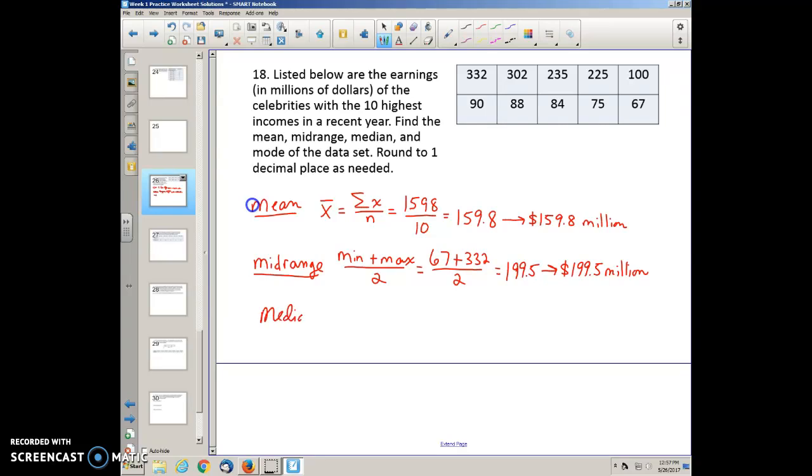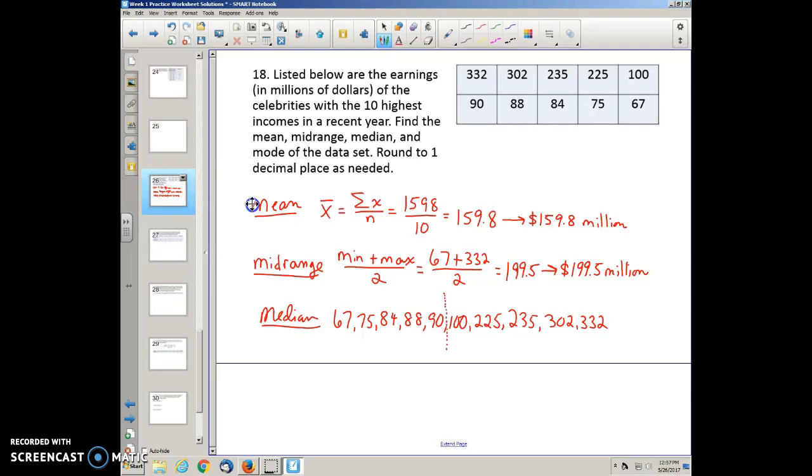For median, we need to sort the data from lowest to highest. Since there are an even number of values in our data set, we need to take the average of the middle two.